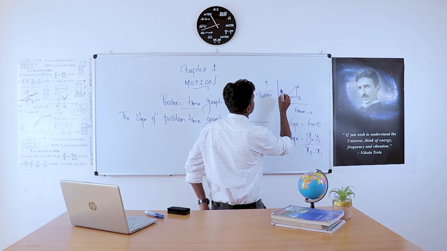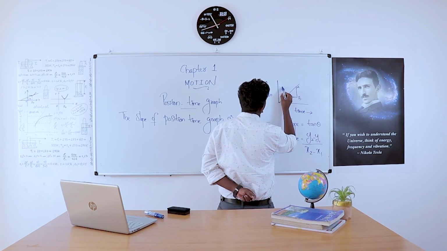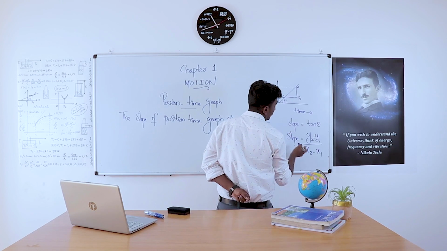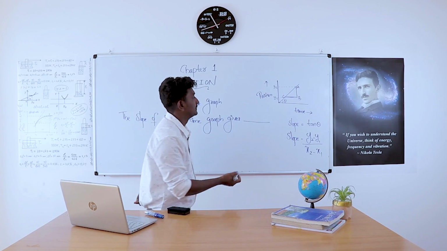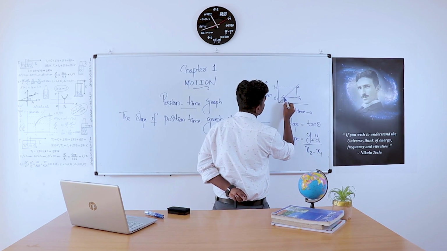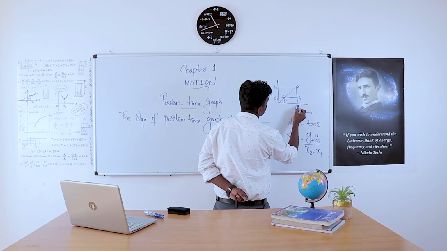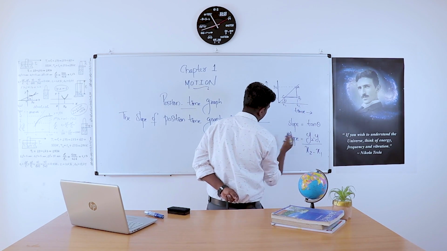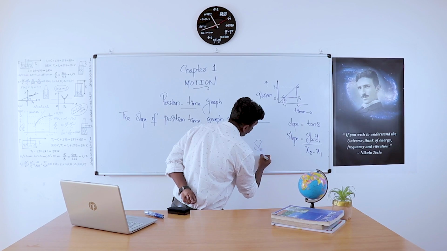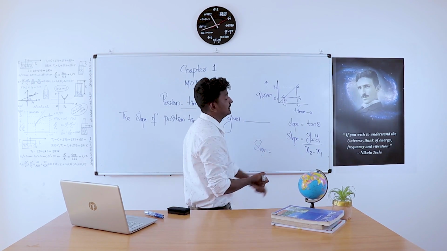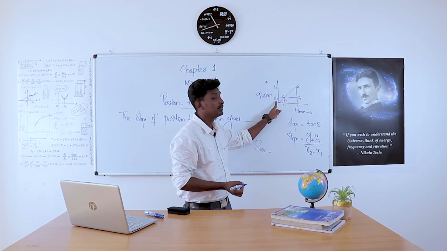Slope equals y2 minus y1 by x2 minus x1. That means the difference between the y values, y2 and y1, divided by the difference between the x values, x2 and x1.